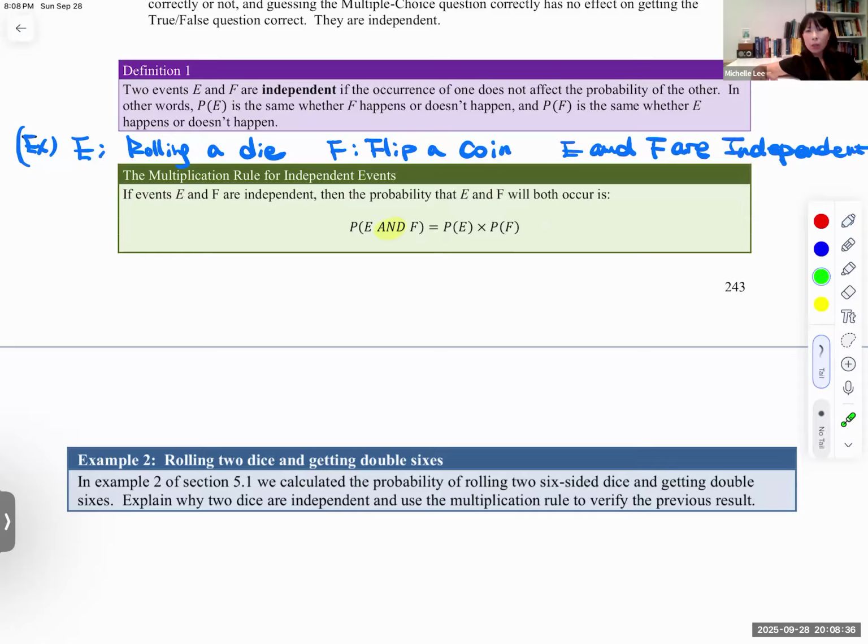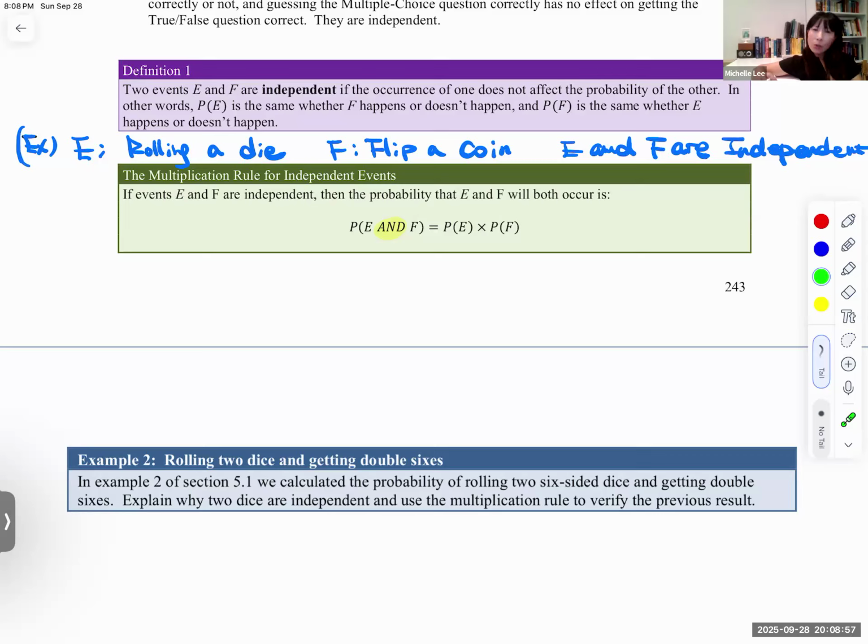So we had the "and" part earlier, right? What's the probability of event E and F? Then we just use the overlapping part, right? That is just the regular, in general, E and F. But in this section, two events are independent.